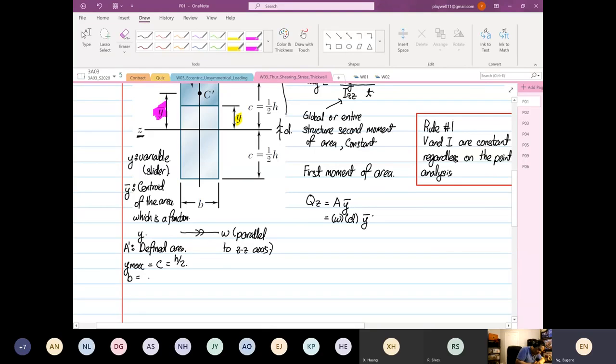Again, the thickness is parallel to the axis of interest. Or you can say the thickness is based on the perpendicular geometry orientation relative to the applied shear force.